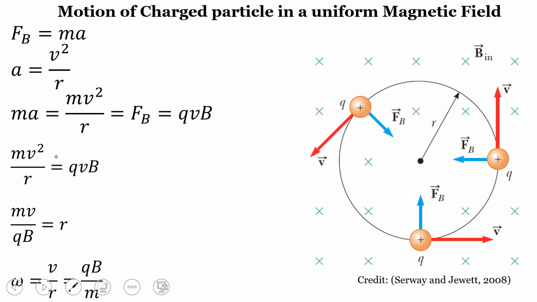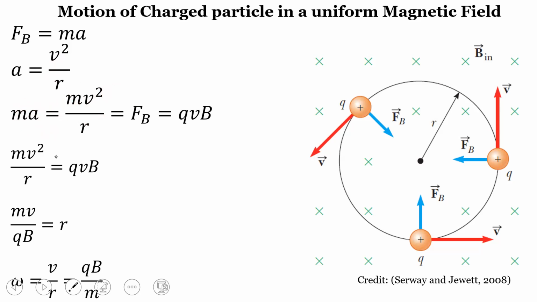So now we are just trying to look at the motion of a charged particle in a uniform magnetic field. And we know acceleration to be v squared over r, where v is a linear velocity, r is the radius, a is also linear acceleration, right? Okay. So now we can replace a with v squared over r, and since a is v squared over r, then this expression of magnetic force will become mv squared over r.